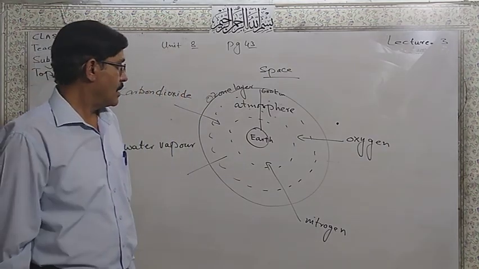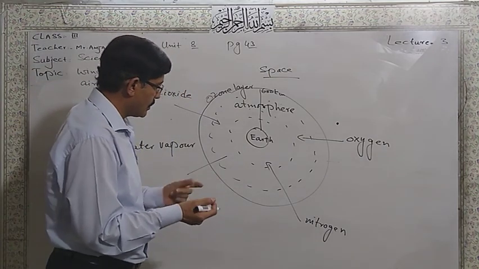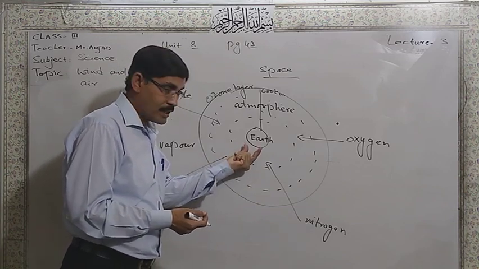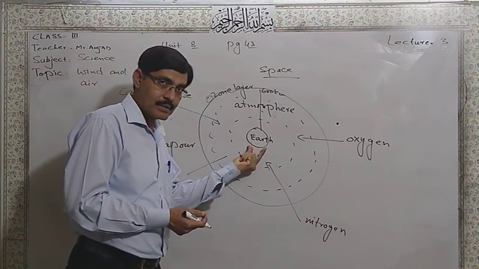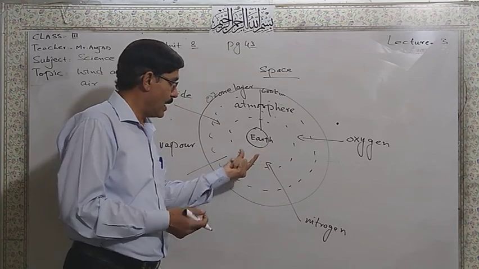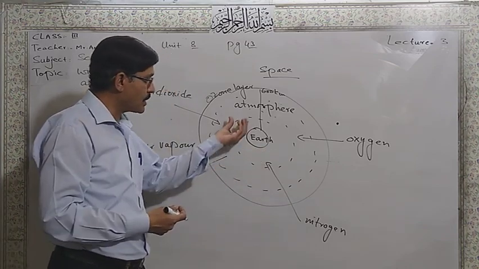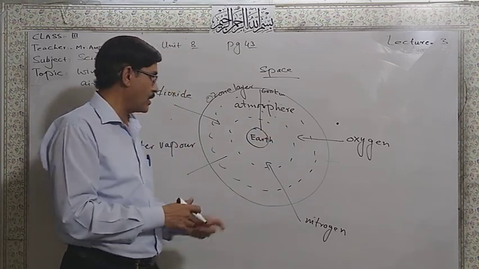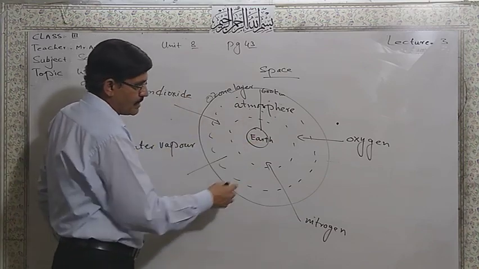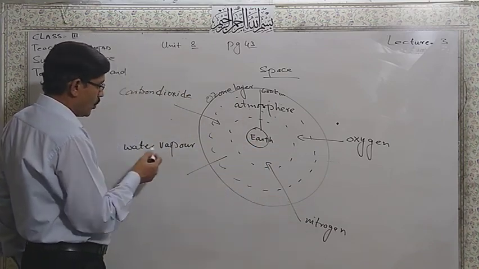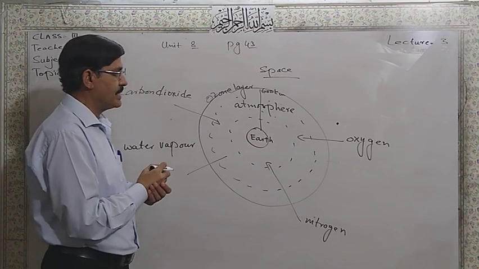Understood, dear students? I repeat, we have the earth, we live on it. Around it we have the atmosphere. In the atmosphere we have four gases: oxygen, nitrogen, water vapor and carbon dioxide.